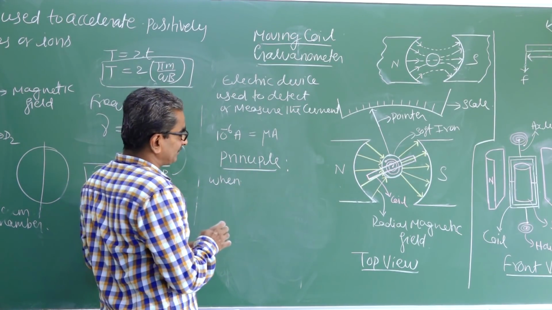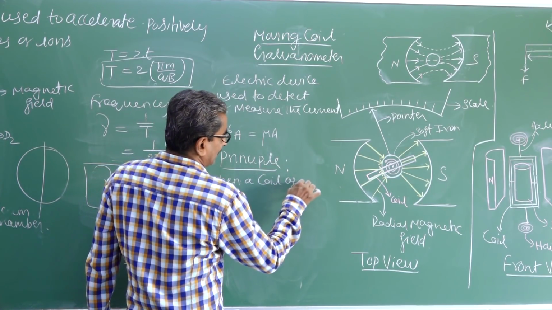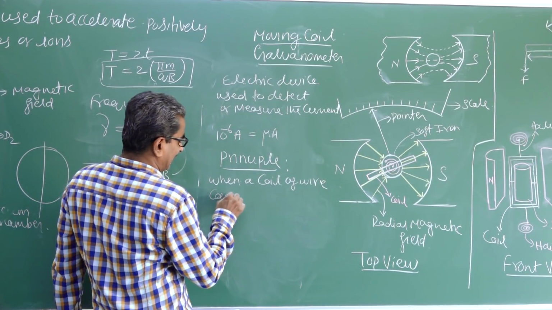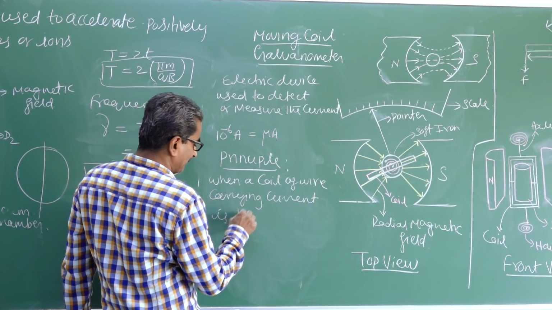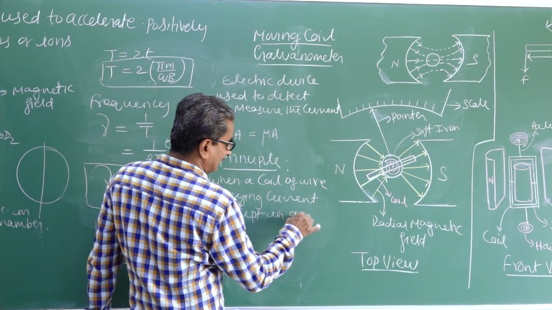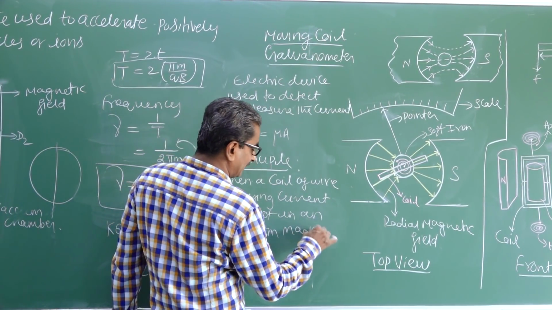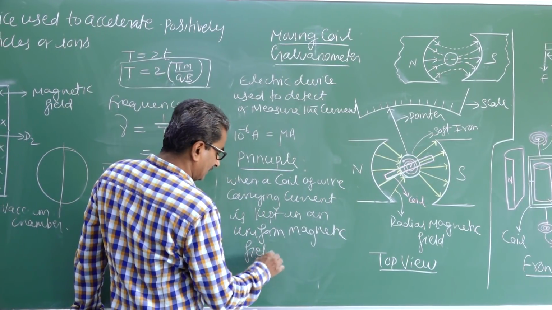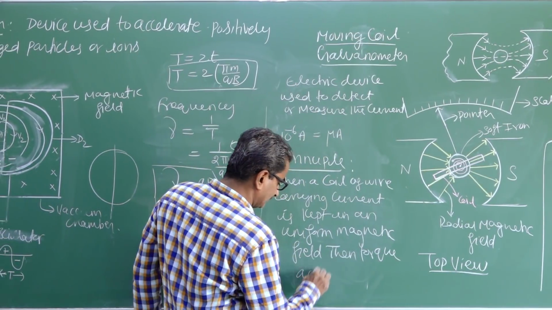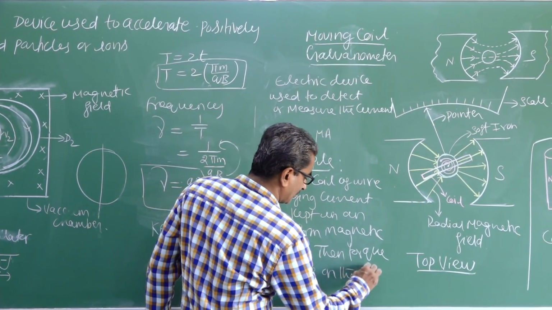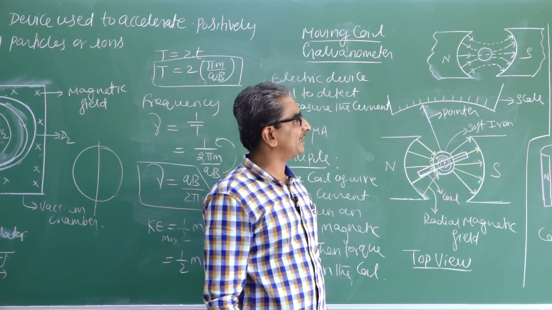See, the principle is, when a coil of wire carrying current is kept in a uniform magnetic field, then torque acts on the coil. So this is the principle on which the moving coil galvanometer works.